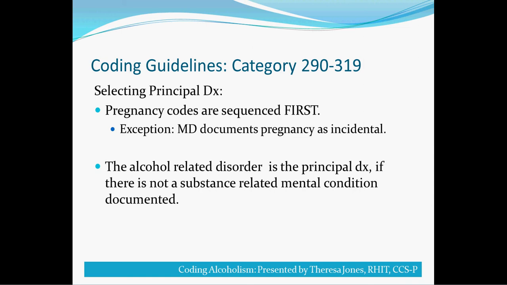The only exception here is if the doctor documents pregnancy as being incidental. Also, the alcohol related disorder is the principal diagnosis if there is not a substance related mental condition documented. Okay, so we find that the patient is suffering from, let's say, alcoholic psychosis. We would definitely code the alcoholic psychosis as the principal diagnosis, and then we would follow up with our secondary codes.